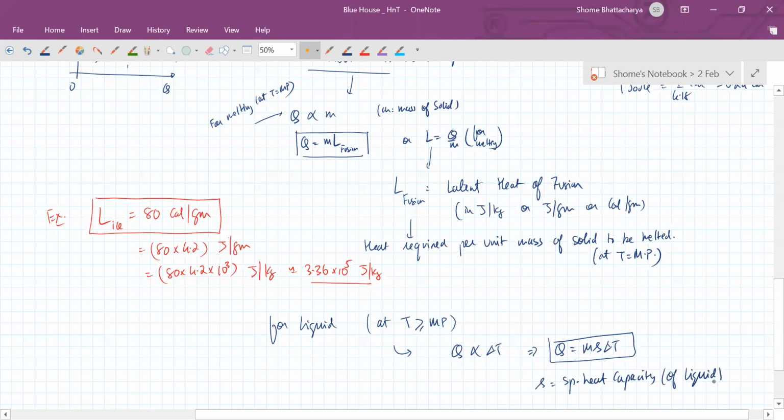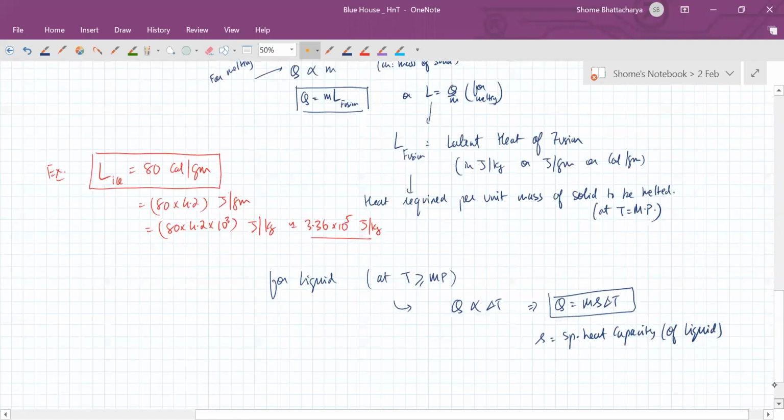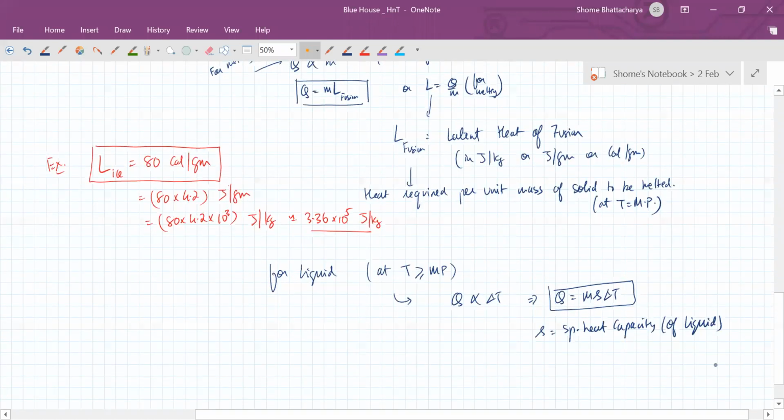Okay. So the same chemical species when in solid form will have a different specific heat capacity compared to when it is in liquid form. So as you have seen that specific heat capacity of ice was approximately 0.6 calorie per gram degree C, but specific heat capacity of water is greater.